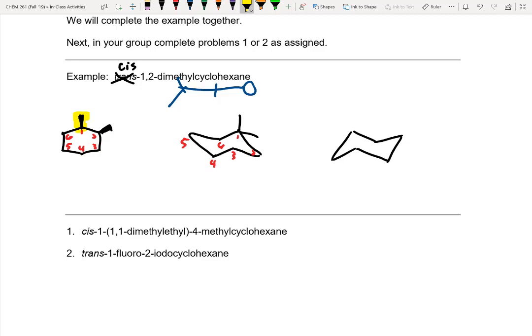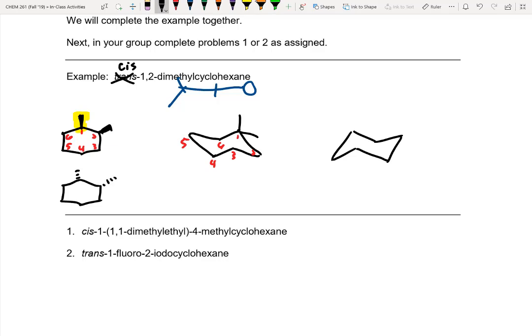Yep. Okay, so I have a quick question. I just want to go back like 3 seconds. So you said it doesn't matter if they're both wedges or both dashes. Is that right? Yeah, so the question was, does it matter whether I draw it like this or like this? Is that what you mean?